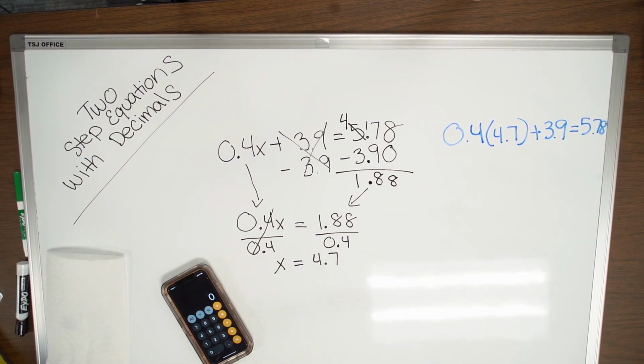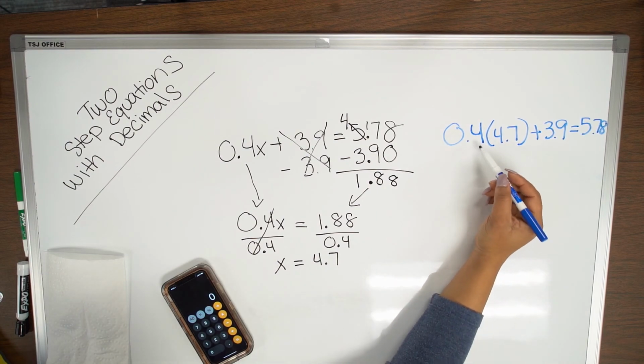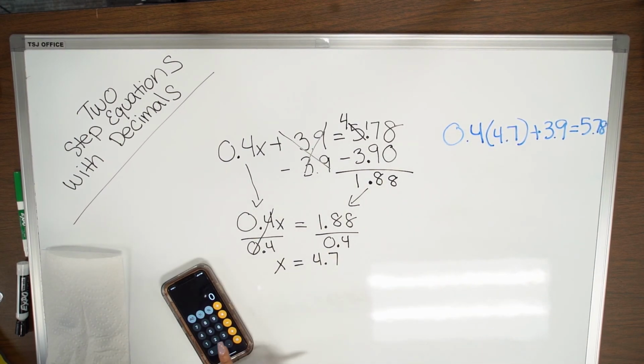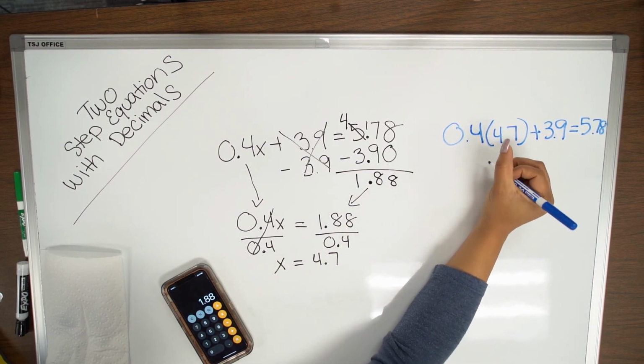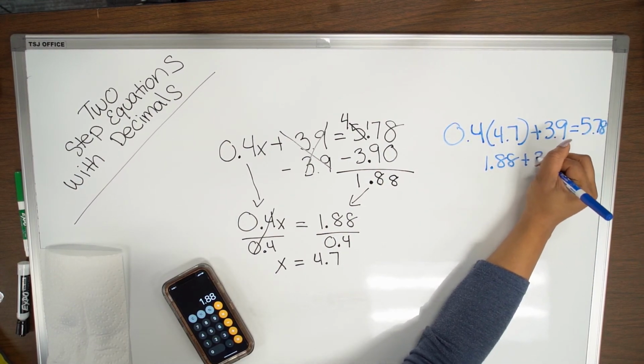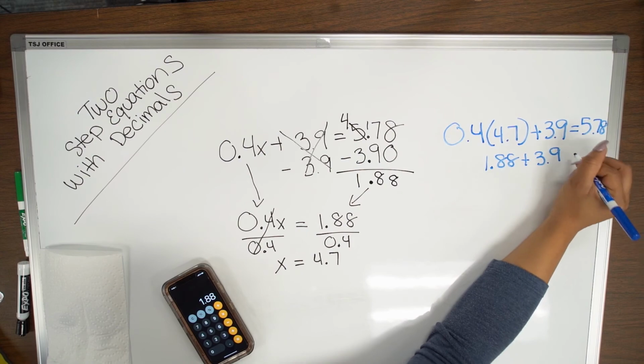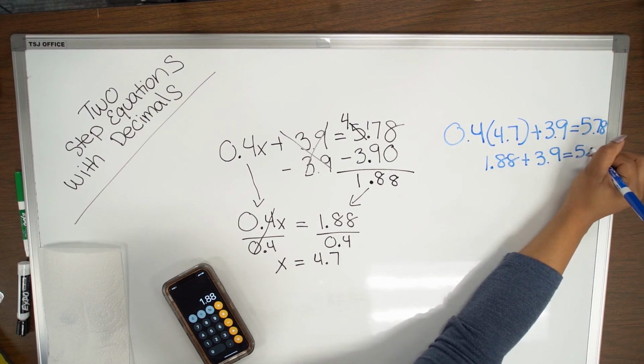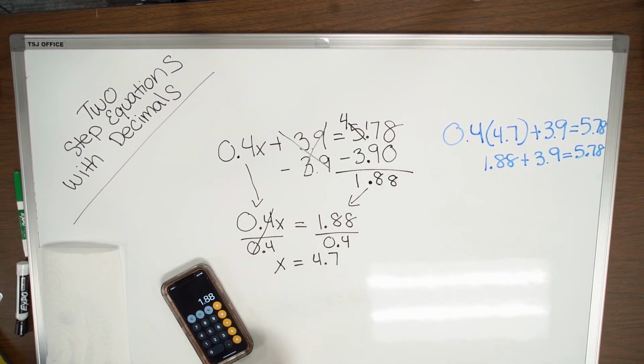Sorry, you ran out of room. Okay. So first, we're going to multiply these. So we have 0.4 times 4.7 is 1.88 plus 3.9 equals 5.78. Hopefully you can still hear me.